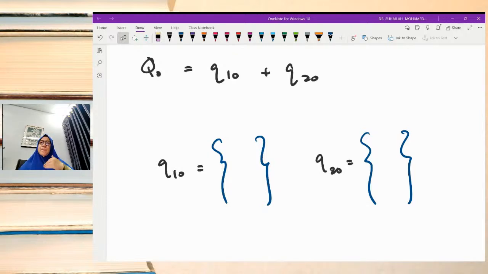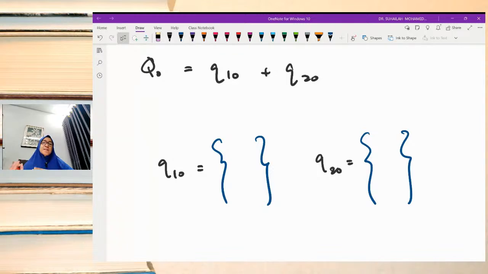For example, member AB or element 1 has UDL, or member BC has point load subjected on the member. So due to that, we have to distribute it to the nodes. So we have to do it one element at a time. One element consists of 4 positions, 2 at the near end node, 2 at the far end node. So we have to do it like this for beam as well as frame.